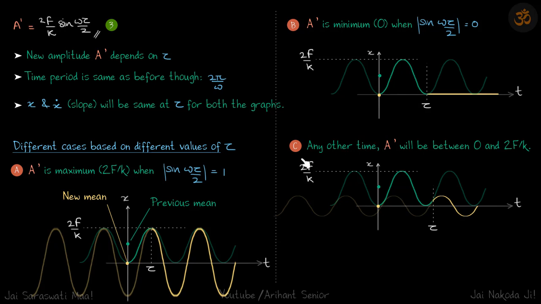Third is any other time. These are the two extremes, when the amplitude is maximum and when it is minimum. At any other time, the amplitude will be between 0 and 2F by k. So here the amplitude of the particle is 2F by k, here it is 0.